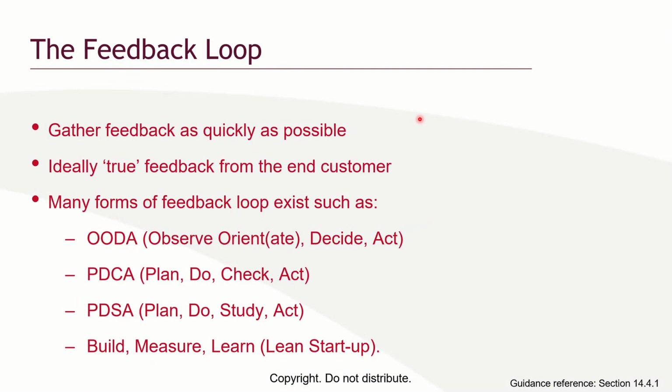Based on your measurements, you learn what you can improve as you do the next iteration, which is the next build. What lesson do you need to use? These are different forms of feedback loop that can be used. Plan, do, check, and act. Observe, orientate yourself based on what you observe, take a decision, and act on your decision. Take action. Very important.